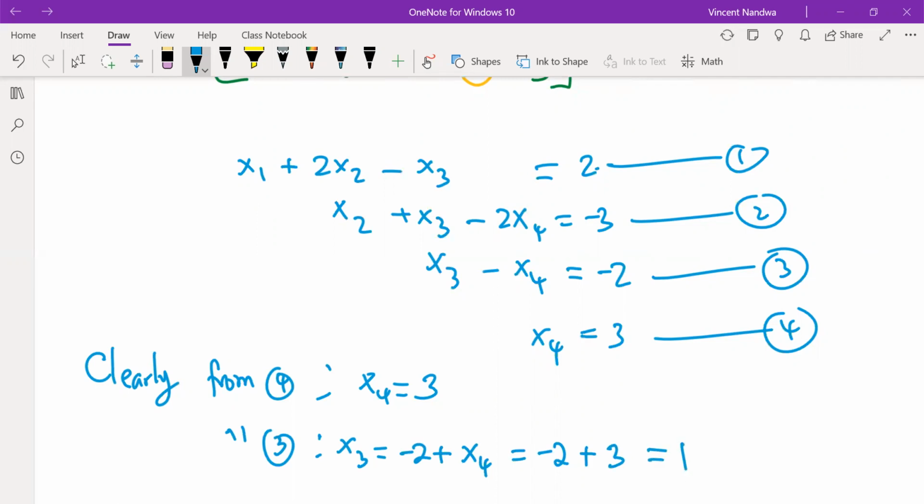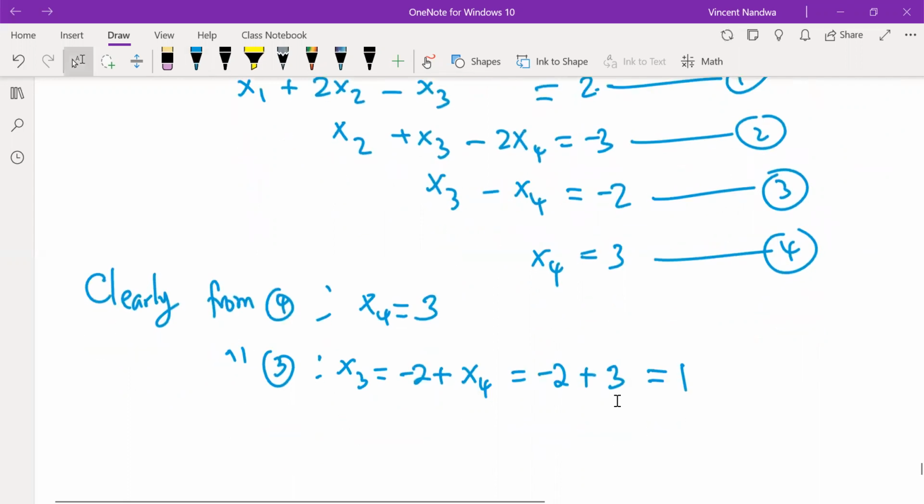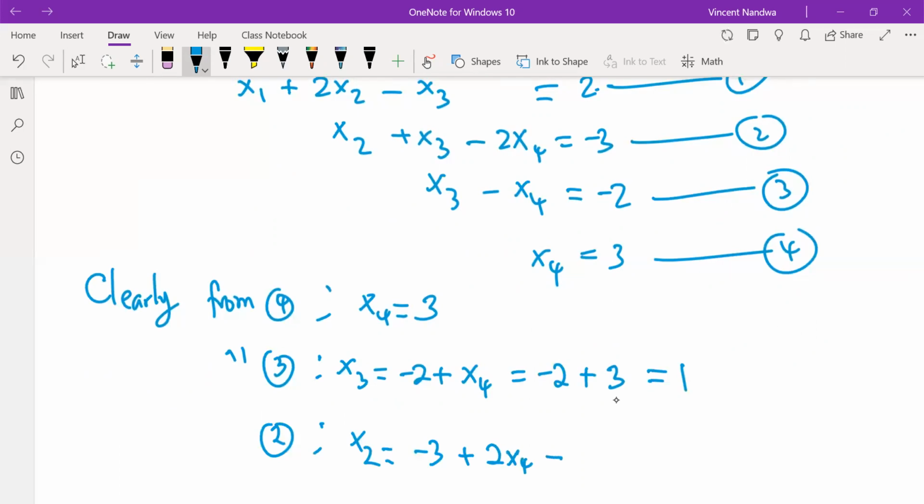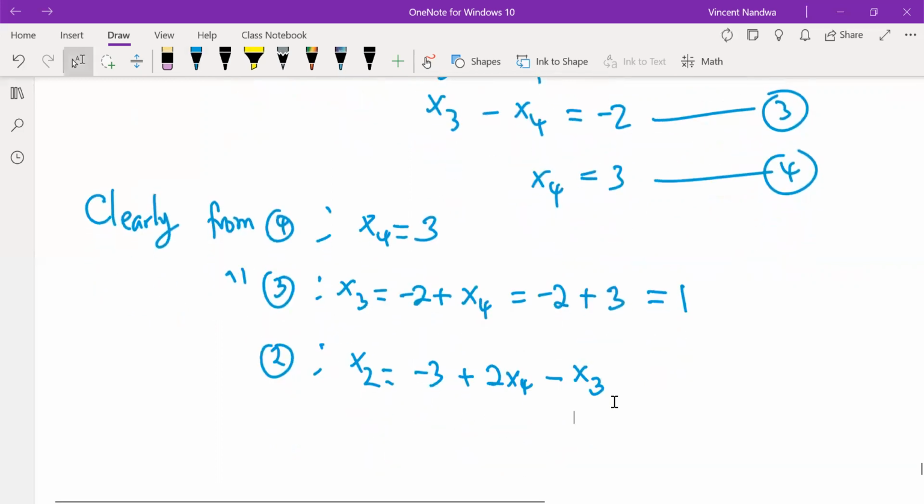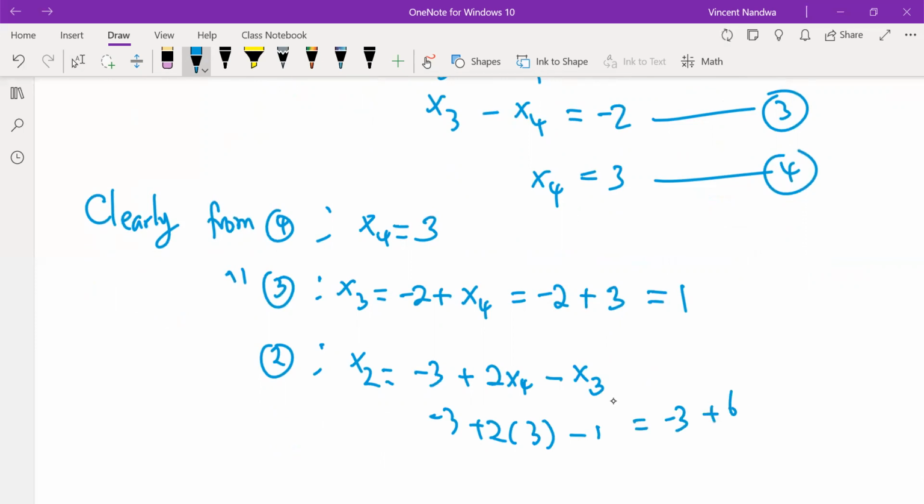So x3 is 1. And from equation 2, we have x2 equals minus 3 plus 2x4 minus x3, which will be minus 3 plus 2 times 3 minus 1, which is minus 3 plus 6 minus 1. And this will give us minus 3 plus 6 is positive 3, minus 1 is 2.